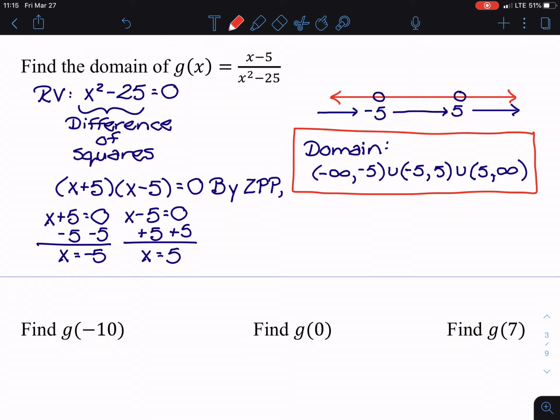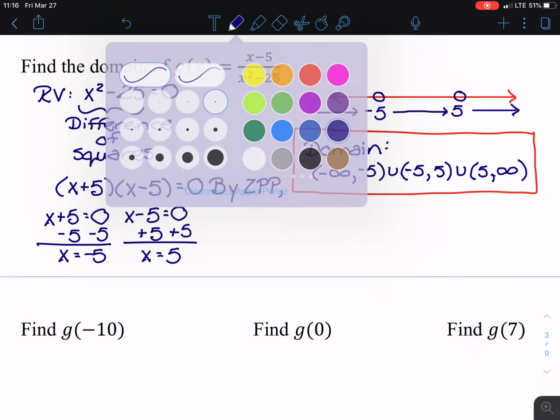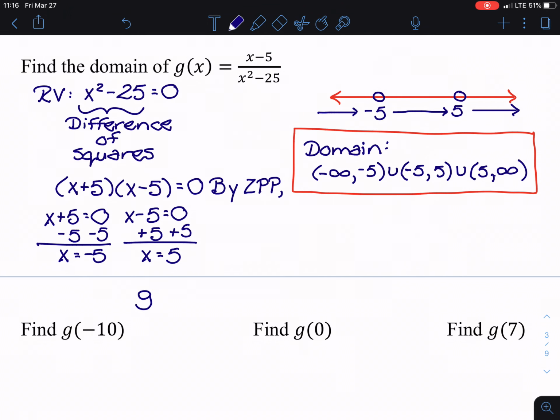Now then, the last thing we're going to take a look at is evaluating our function at different values. The first thing we need to do is make sure that we're evaluating our function at a point that is actually in the domain. So I'm going to write g of x here so we can see it, and give ourselves a little more room to work out here.